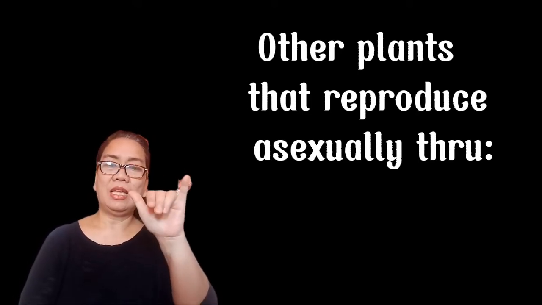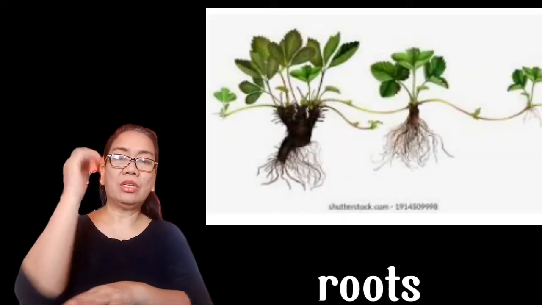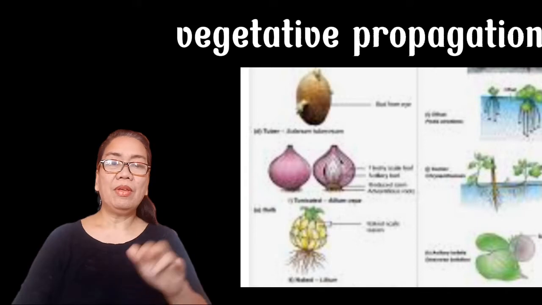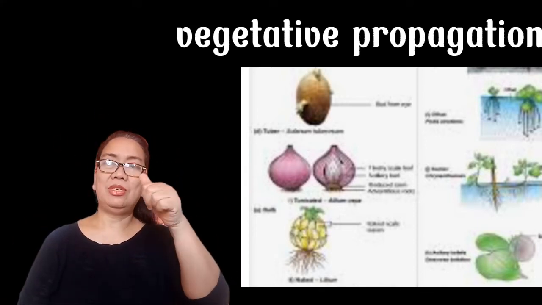Other plants reproduce asexually through their stem and roots. It is like vegetative propagation.